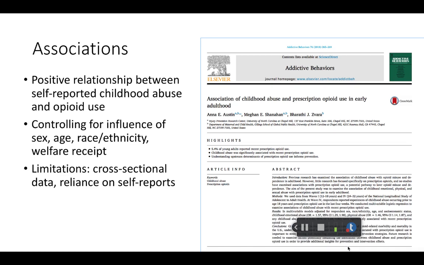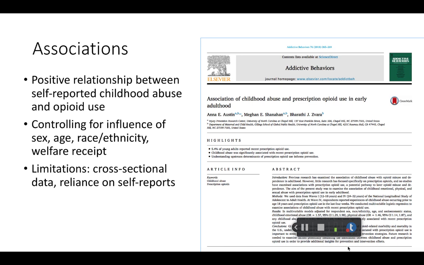Here's an example of an associational study looking at positive relationships between self-reported childhood abuse and prescription opioid use in early adulthood. This study controls for the influence of other variables, including sex, age, race, ethnicity, and welfare received, to see if the reported relationships between childhood abuse and opioid use stand up after controlling for those influences.